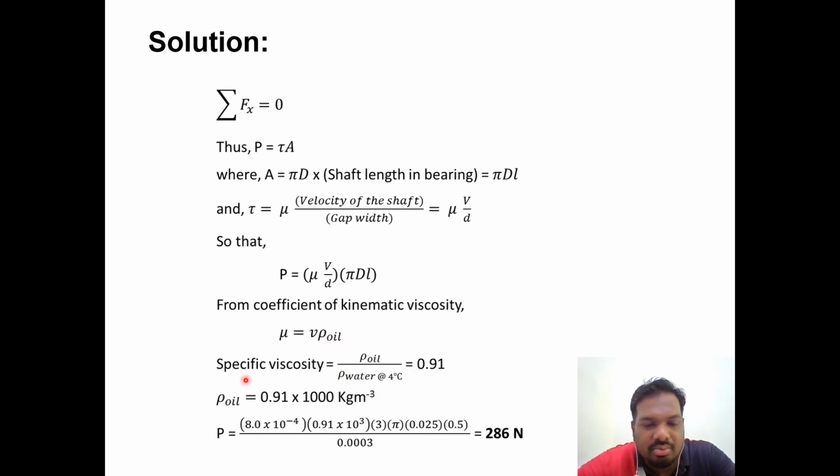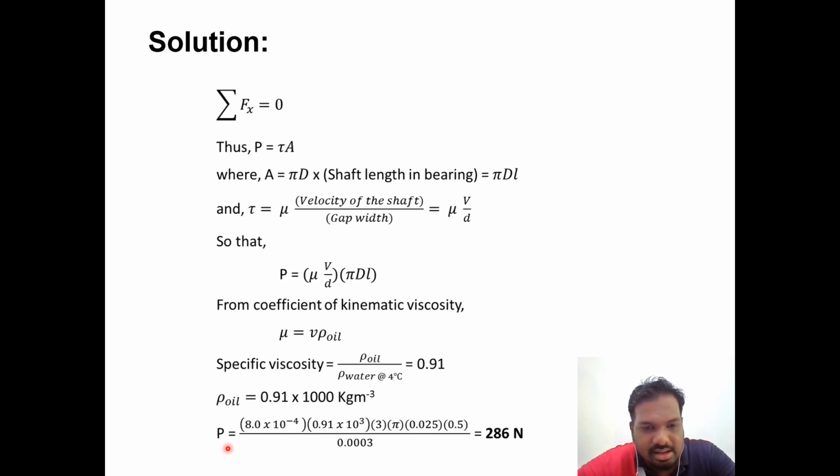This is how you can use the kinematic viscosity to find the dynamic viscosity, because rho of water at 4 degrees Celsius is already known, equal to 1000 kilogram per meter cube. So you multiply 0.91 times 1000 and you get the rho of oil.